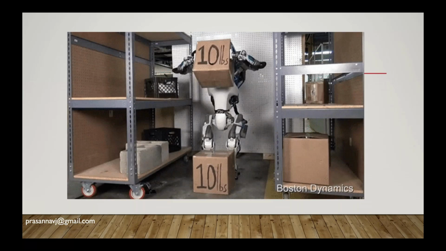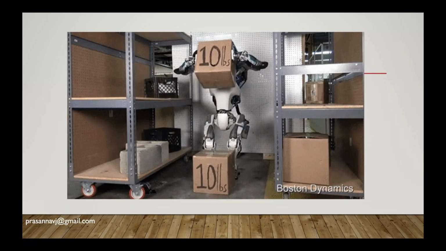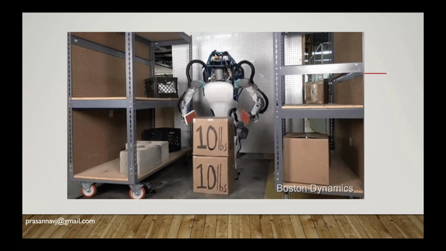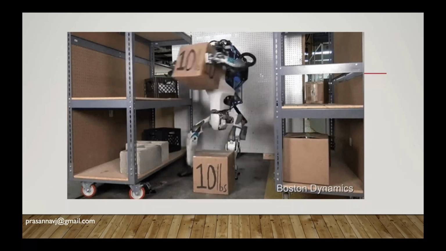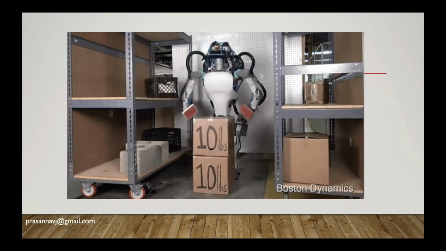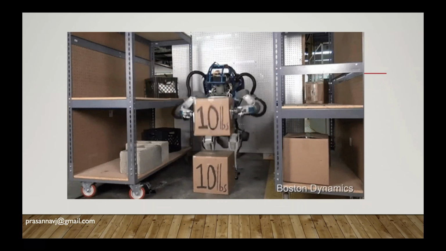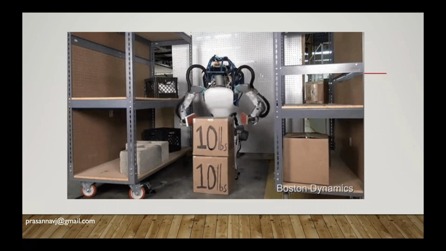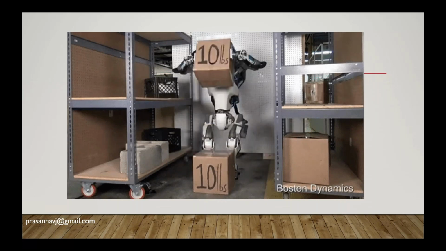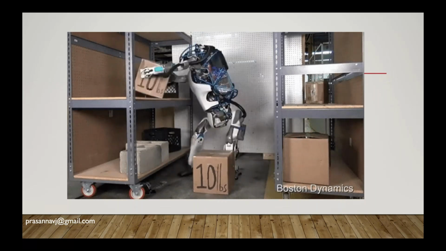So the first thing is the knowledge about what box it has to take, where it is available, how it has to lift, and how it has to place. All these are knowledge information that we need to give to the robot. The second thing is what actions that particular robot has to perform. Actions in terms of it has to first grab the box, lift the box, and place the box.